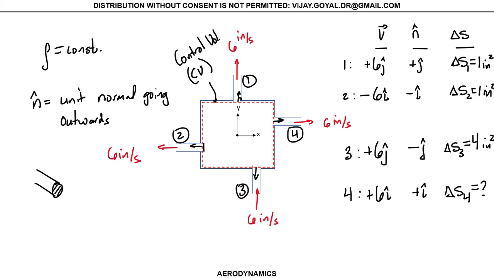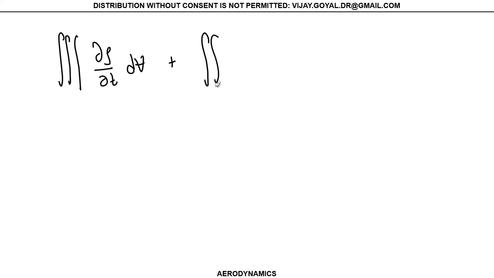So now we move on and start with the equation of continuity. It tells you this is the double integral of partial rho with respect to time, plus the integral over the enclosed area of rho times velocity dot unit vector dS, is equal to 0.